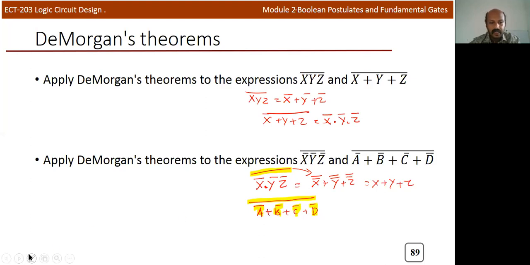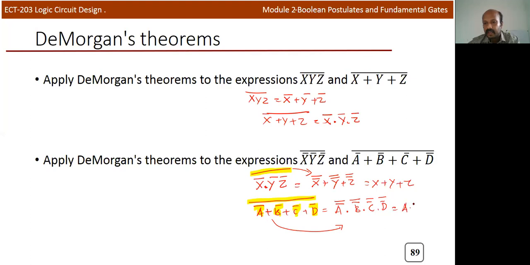When you apply DeMorgan's theorem here, this OR operation becomes AND. So already there is A bar, and when you split this complement, it becomes A bar bar, again one more bar, and B bar bar, C bar bar, D bar bar. And again we can apply the double negation rule.